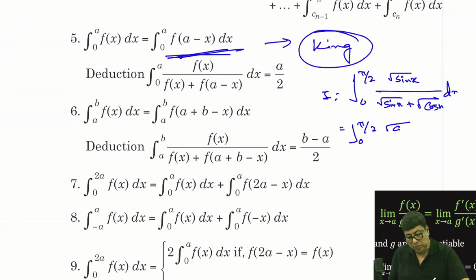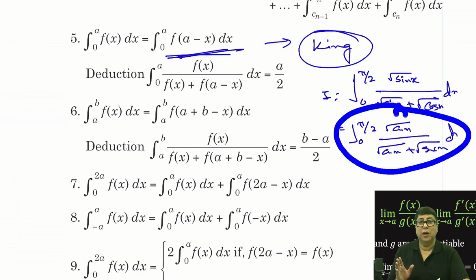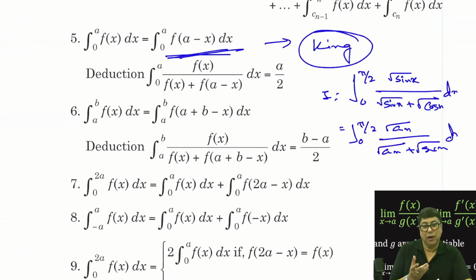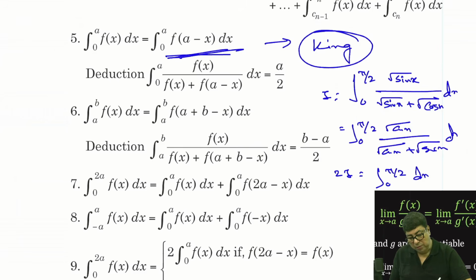So the integrand becomes root over cos x by root over cos x plus root over sin x, dx. This is also I. So I plus I, that is 2I, with the same denominator, so it can be cancelled. So 2I equals the integral from 0 to pi by 2 of dx, which is pi by 2. So I equals pi by 4.